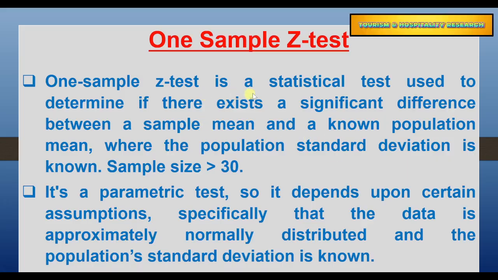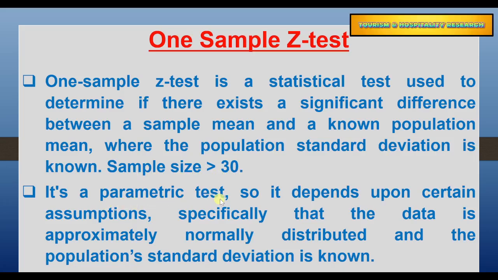One sample Z test is a statistical test used to determine if there exists a significant difference between a sample mean and the known population mean in case the population standard deviation is known. Sample size should be greater than 30.